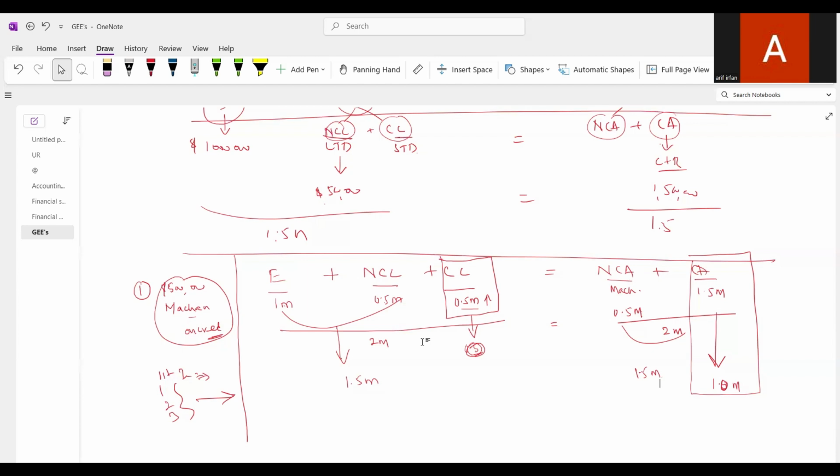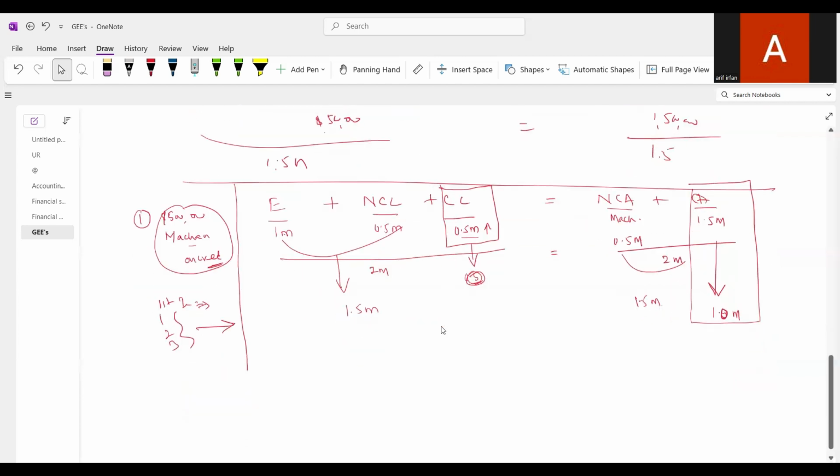How does this transaction affect, is there any dilution of funds, how does this transaction increase the company's risk? Let's say the company wants to take a 0.5 million long-term loan, 500,000, from Citibank.